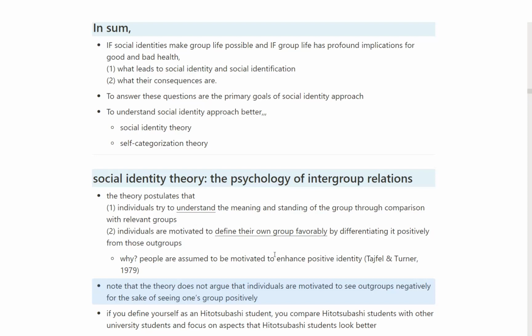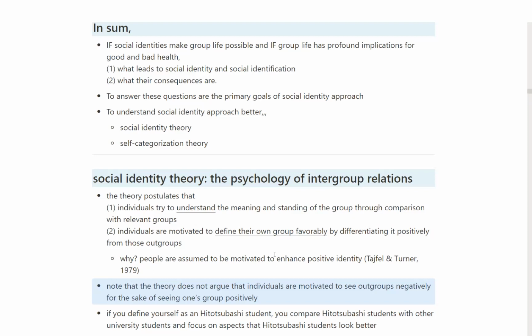But I guess this sentence is trying to say that when people compare their in-group and out-groups, they tend to focus on where their group looks better. And then they try to find groups that make their group look better.